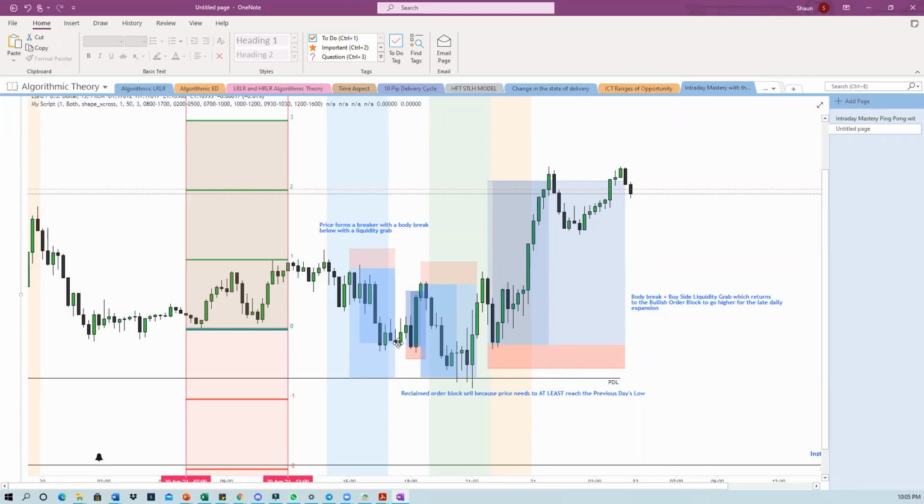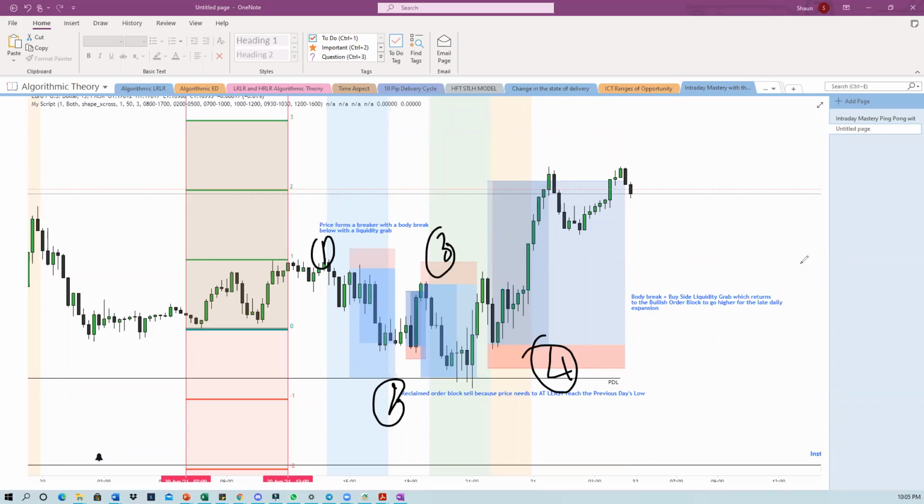Then when order flow shifts again, you can take a buy. When order flow shifts again, you can take a sell. When order flow shifts again, you can take a buy. So essentially, using Friday's data, you had 1, 2, 3, and 4. That is basically what we are going to be discussing tomorrow, completely off record.